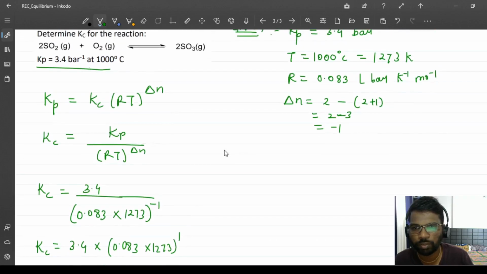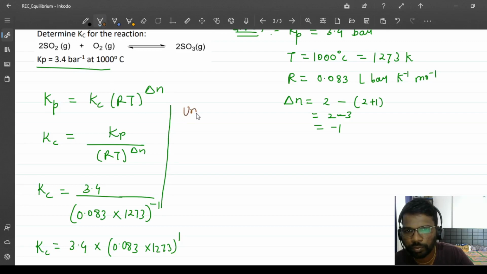What will be the units for this? So let's talk about the units also here. The units of Kc. This is per bar. Units of R was liter. Okay, let's take the units from here only.